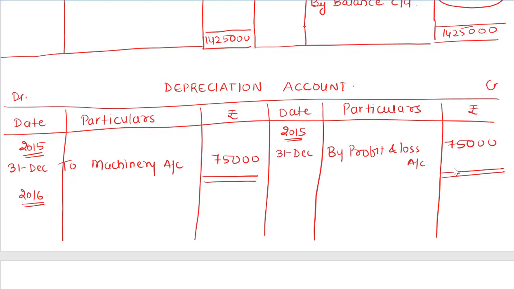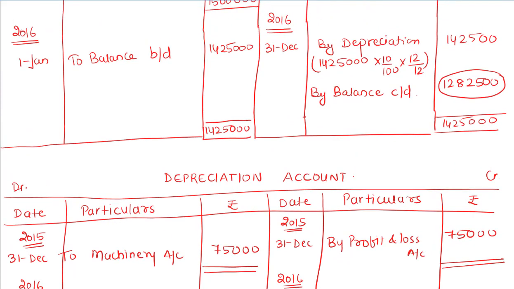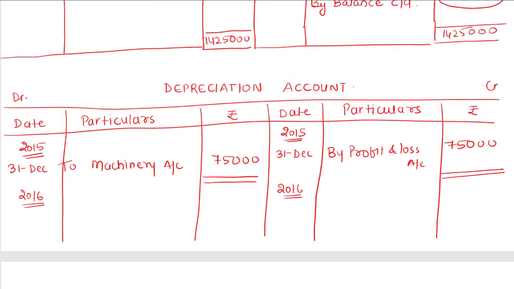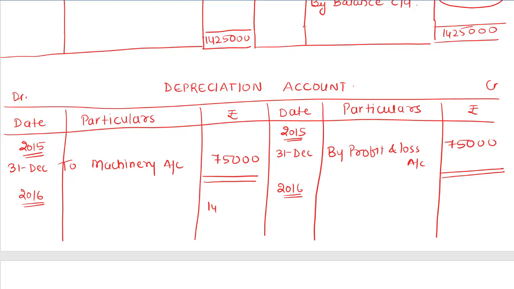Do it for 2016 now. 1,42,500. The date would be 31st December only. 31st December, to machinery account, 1,42,500, on the credit side.